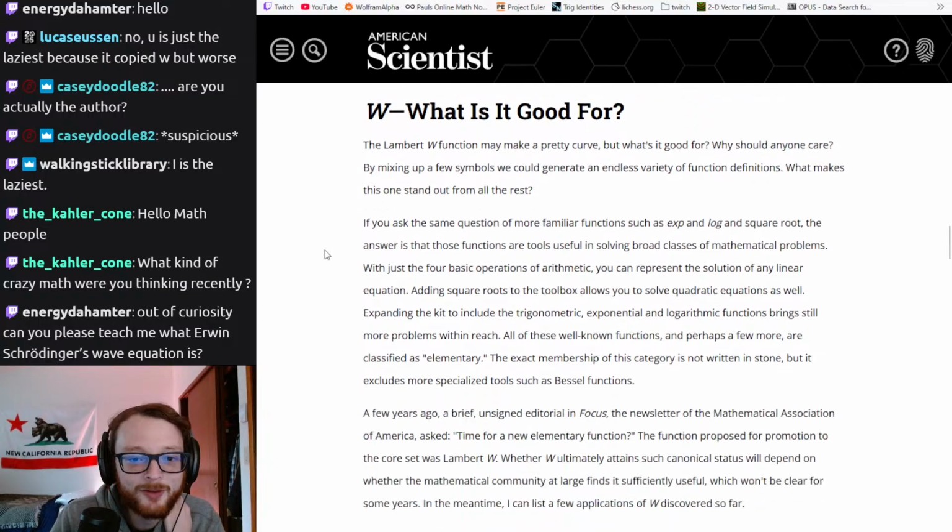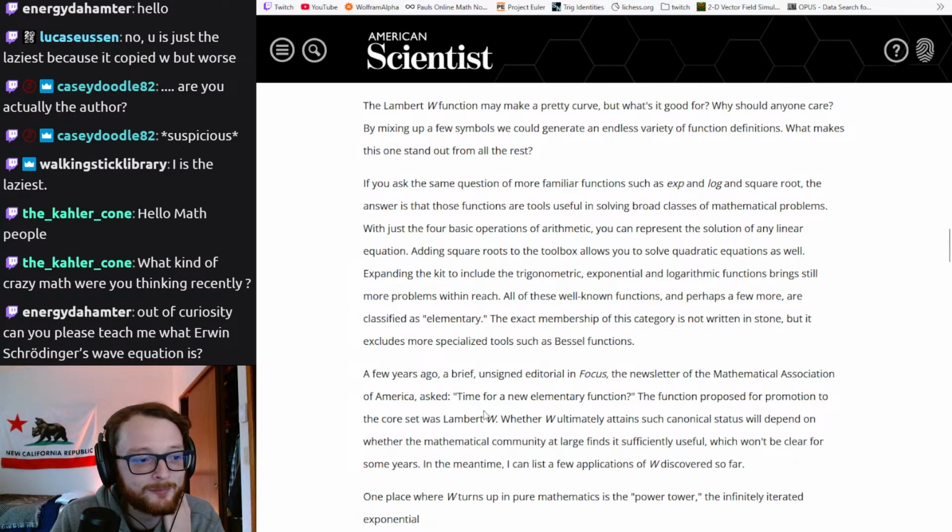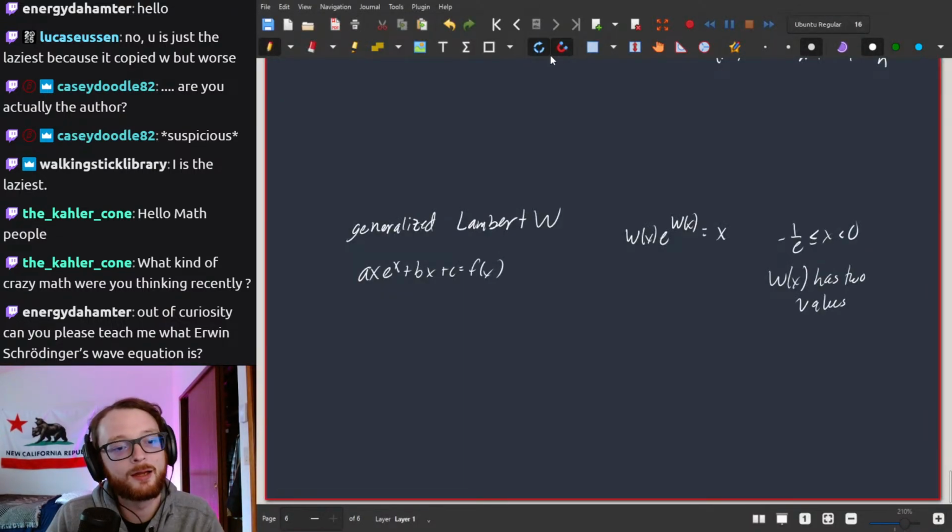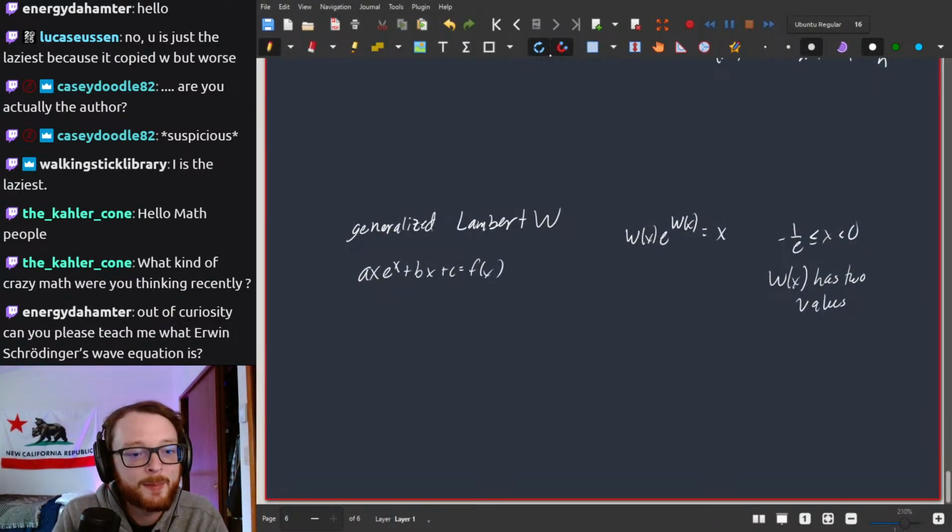I don't feel like I understand this, the Lambert W function. So the thing we're talking about right now is Lucas was asking, and he came up with this kind of like generalized Lambert W function. And I was trying to understand the Lambert W function in the first place.